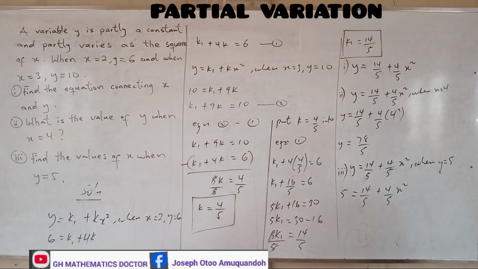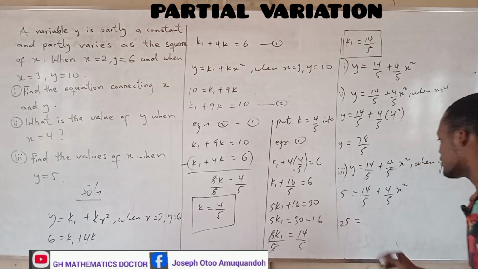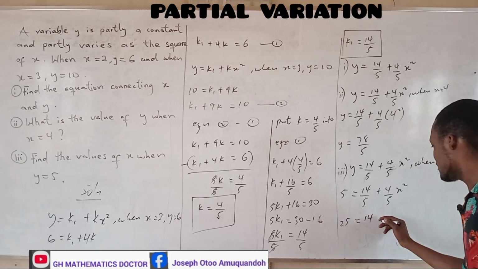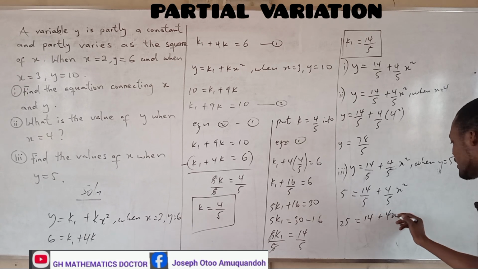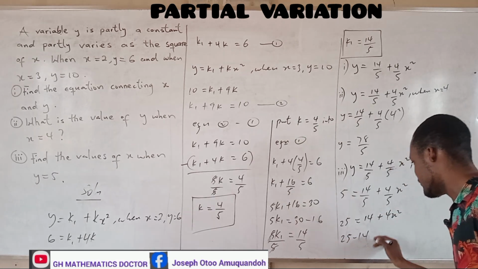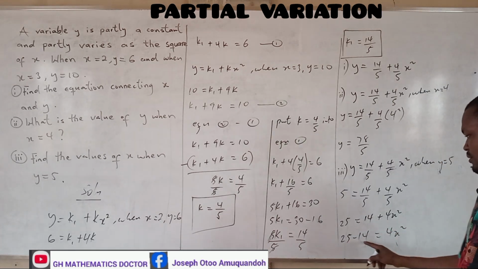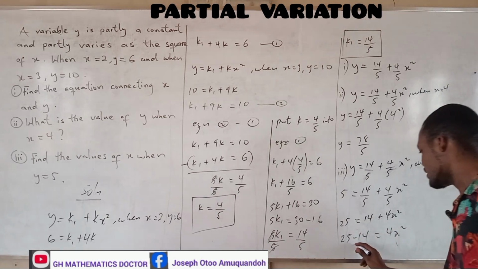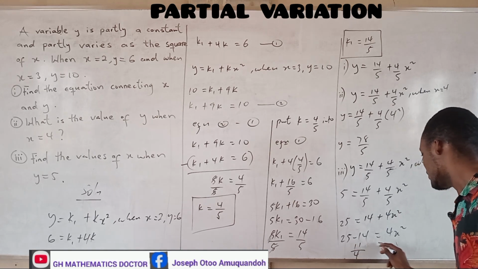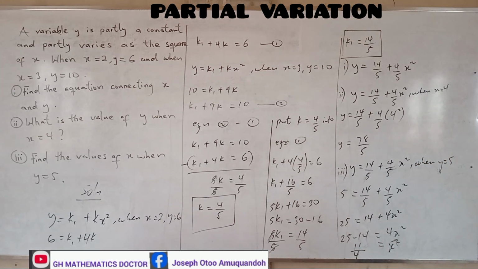So we are going to use the LCM 5 to multiply through. We have 25 equal to 14 plus 4x squared. Grouping like terms, we have 25 minus 14 equal to 4x squared. So when you subtract, we have 11 over 4 equal to x squared. That's when we divide both sides by 4.